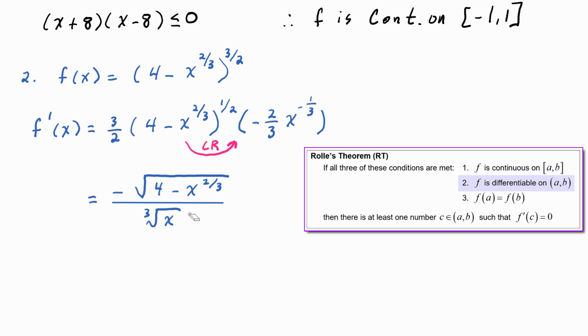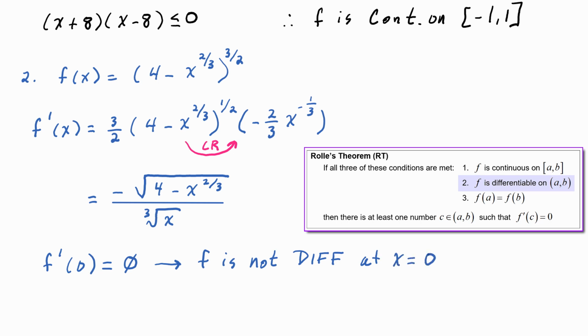Now notice that at x equals 0, we would have 0 in the denominator. So f prime of 0 does not exist. It's undefined. So that tells us that f is not differentiable at x equals 0, and 0 is in our interval, the open interval from -1 to 1.